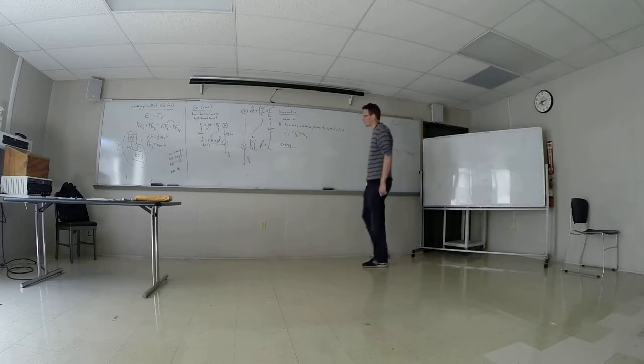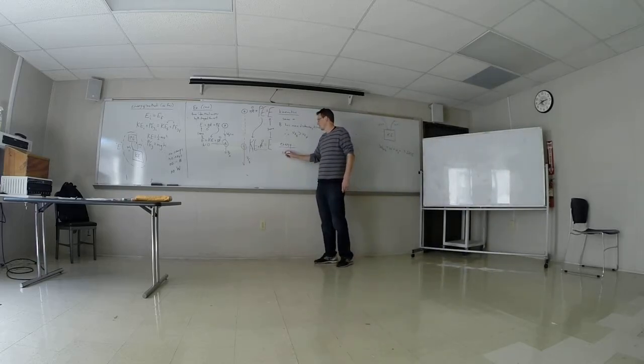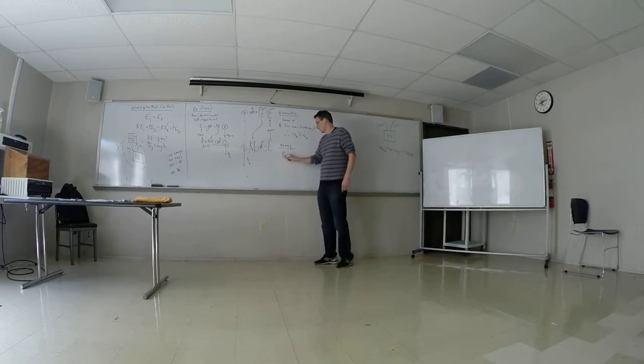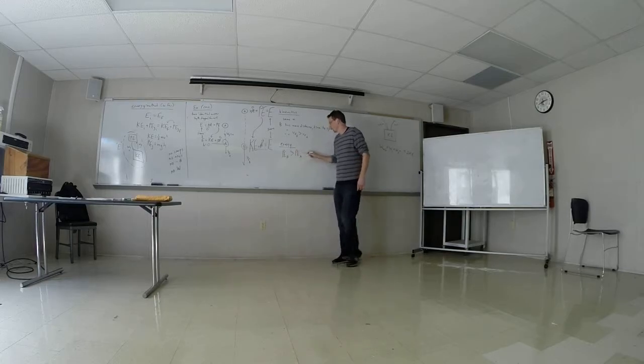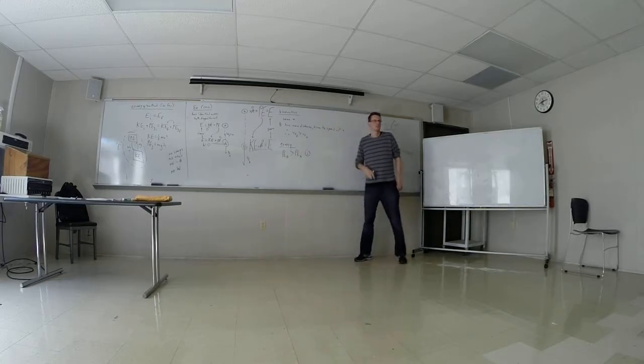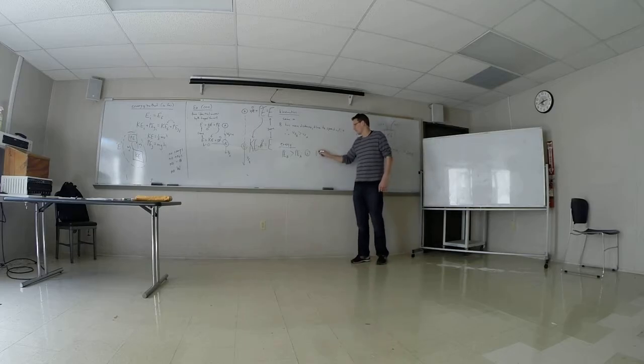So in the energy picture, what we say is that the potential energy of B is greater than that of A initially, because of the height, HB is greater than HA.